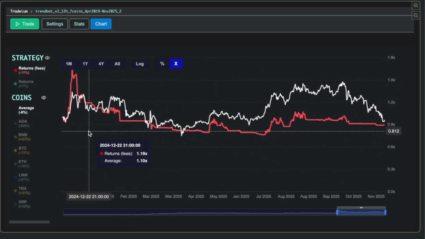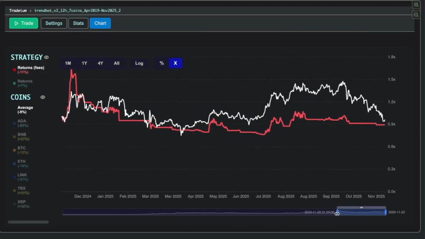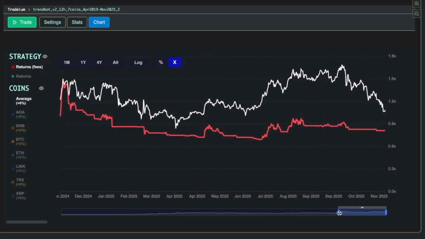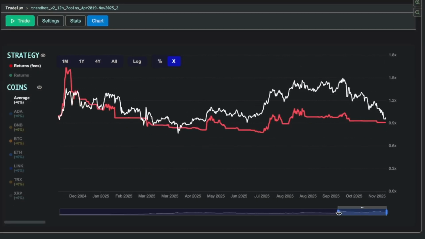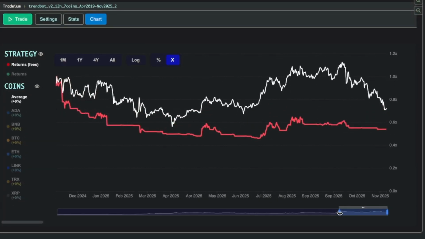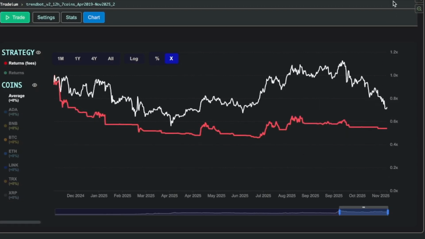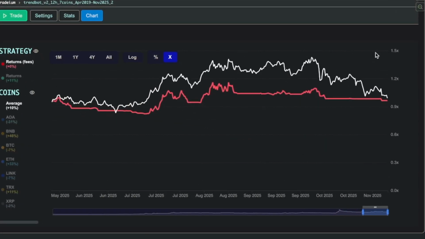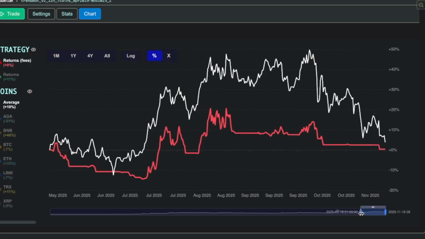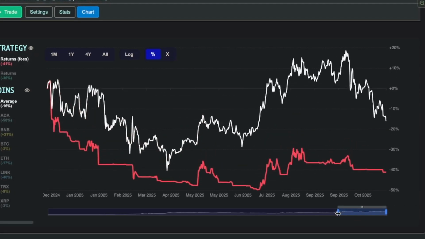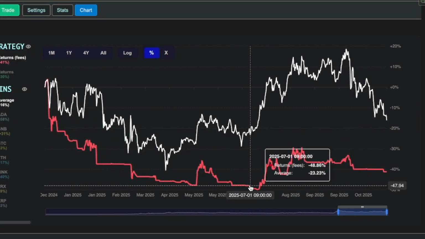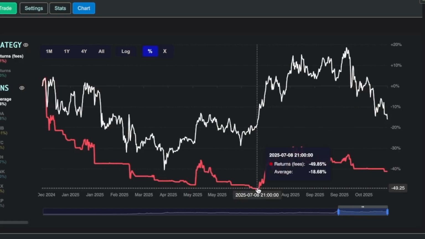Again, zooming in on the last year, it is not exactly easy to be in this drawdown. We're in about a 40% drawdown. If we go to the percent change and go to the peak, yeah, we're in about a 40 and down to a 50% drawdown.